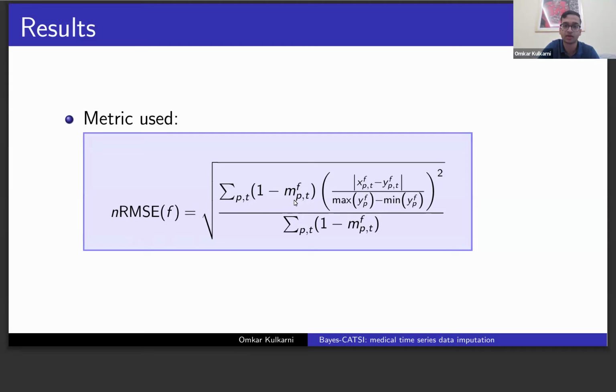So 1 minus m is the observation mask, while x is the masked values and y is the final imputation output by our model. The difference between the masked values and the final imputation is min-max normalized, and then the root mean squared error is found.